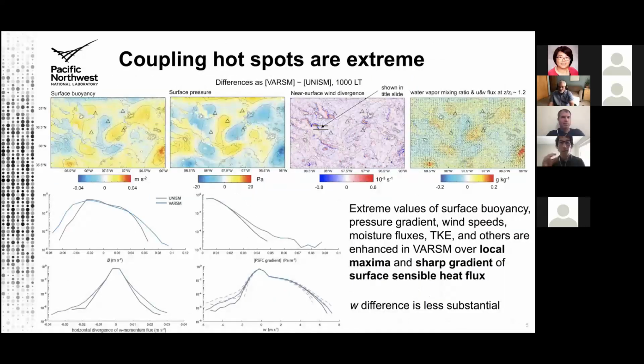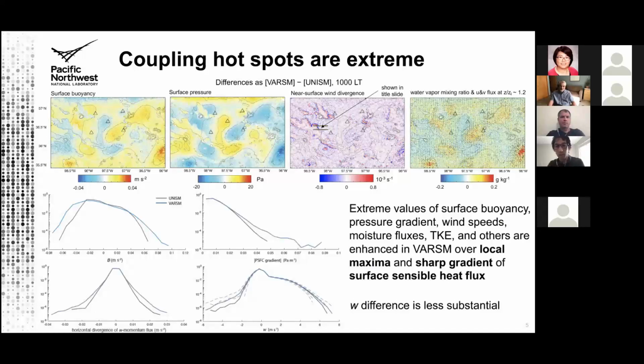Those local minima, maxima and gradients of sensible heat flux become a sort of hot spots for the coupling. Many variables, particularly related to the vertical momentum equation, show very extreme values at those hot spots, including surface buoyancy, for which I'm showing an example in the top contour, the pressure gradient, the near surface wind divergence, and moisture flux convergence and divergence as well.